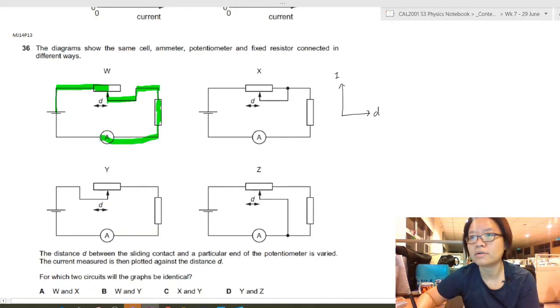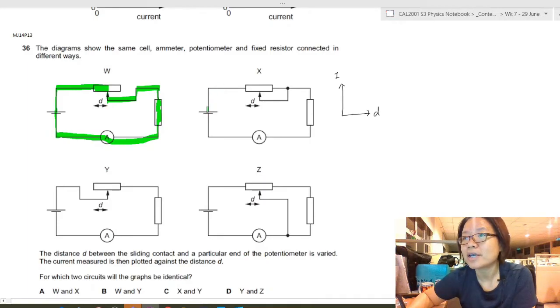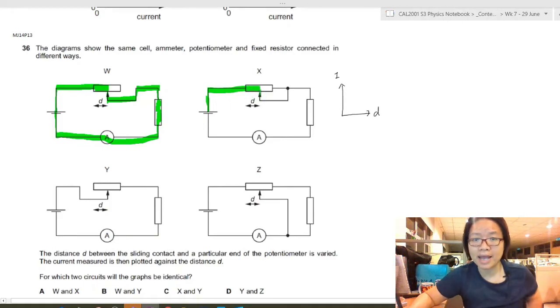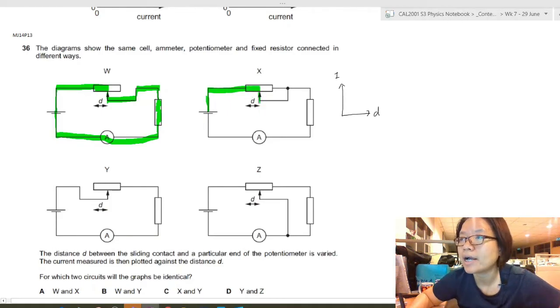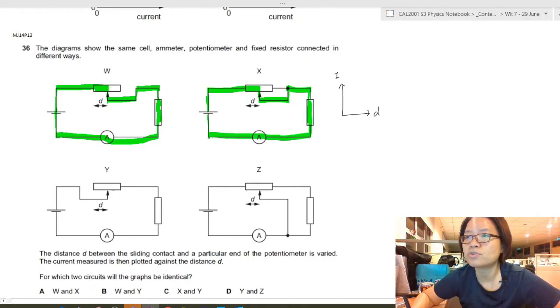Okay, now let's consider the second one. I will go in here, pass through again the same length D, and then exit here and come here, and then pass through this resistor, and then go through the ammeter, and return to the negative terminal. So these two are actually fairly similar. Okay, let's look at the rest.